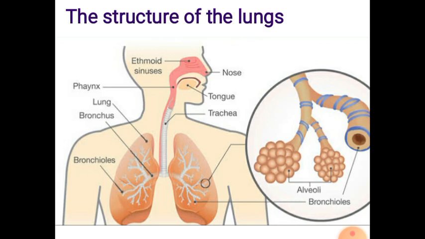The walls of the alveoli are very thin, in places just one cell thick, and the lining of the alveoli is moist, meaning liquidy or slightly wet, so that the oxygen can dissolve. And the alveoli are surrounded by tiny blood vessels called capillaries.